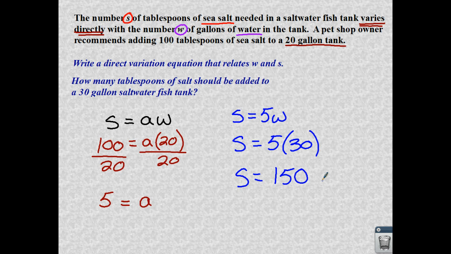So if you want to write that out in a sentence, reword the question. I would need 150 tablespoons of sea salt added to a 30-gallon saltwater fish tank. So 150 tablespoons. It's good to put in your unit. Tablespoons of sea salt.